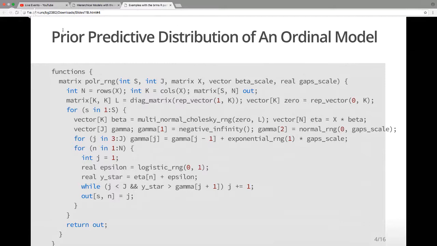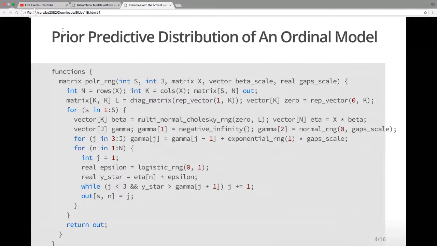So this is going to return a matrix. The matrix is going to have S rows and N columns, one for each of the observations that we are drawing from the prior predictive distribution.